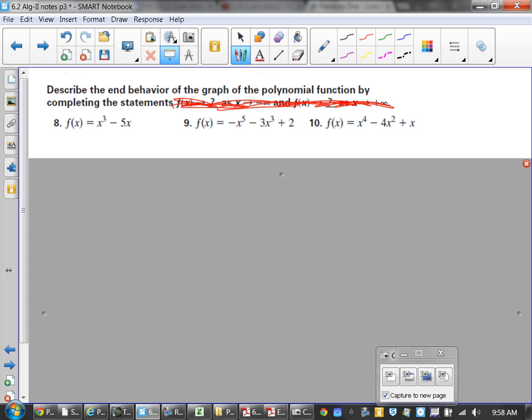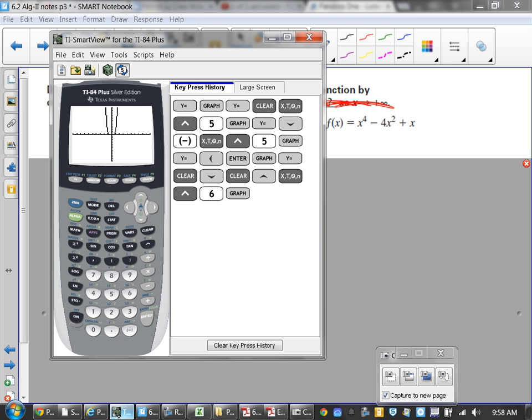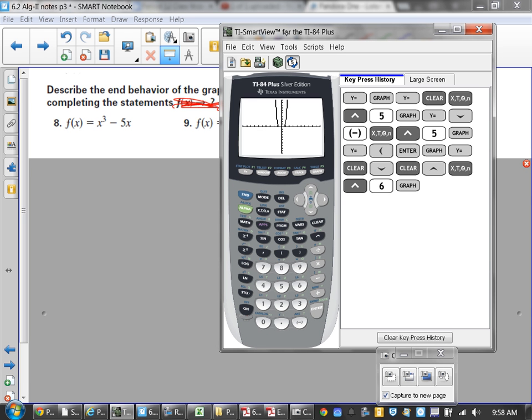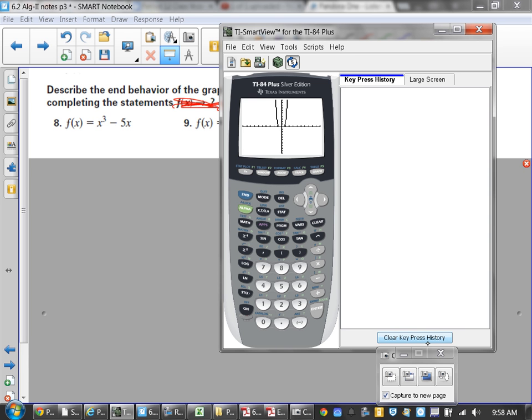Here's what I'd like you to do. I'd like to go into the graphing calculator and look at a couple of these functions and help describe what the end behavior looks like. The first one I'm going to look at is x to the third minus 5x. So I'm going to go to my calculator.